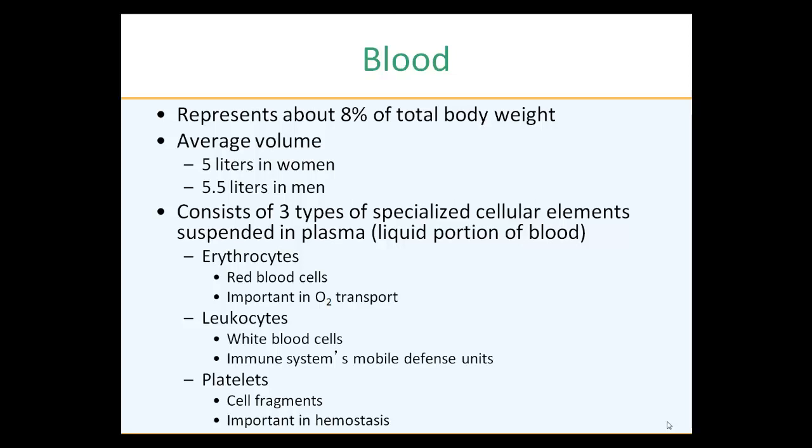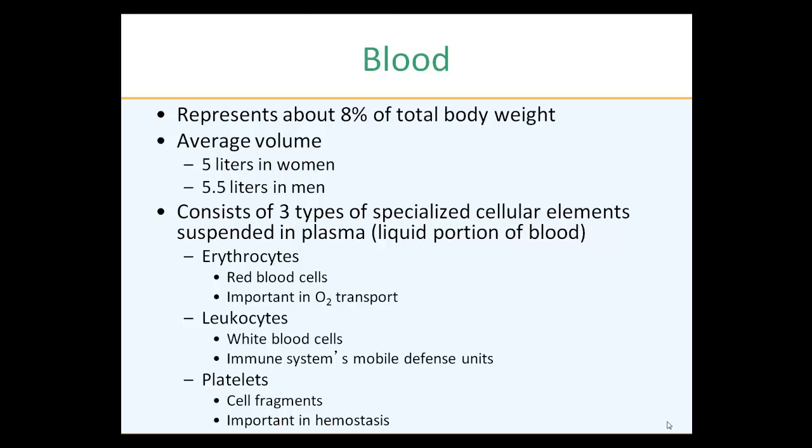We did talk about the B lymphocytes, the T lymphocytes, and the monocytes in great detail in the immune chapter, but we will touch base on them again one more time in this chapter later on. Then of course we have the platelets.